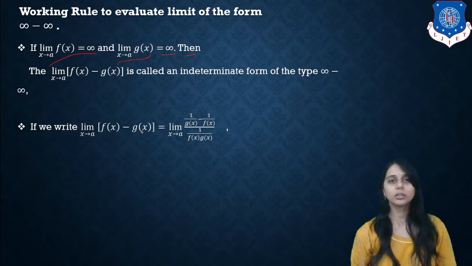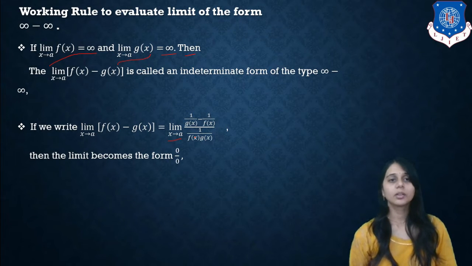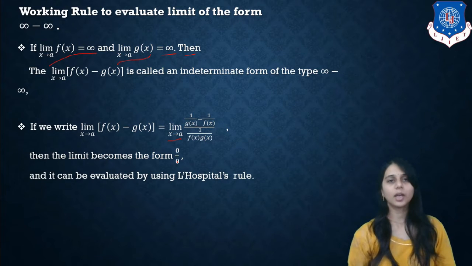So we take f(x) minus g(x) equal to limit x tends to a of (1/g(x) minus 1/f(x)) upon (1/(f(x) g(x))). Then the limit becomes 0 by 0 form and is solved by L'Hopital's rule.